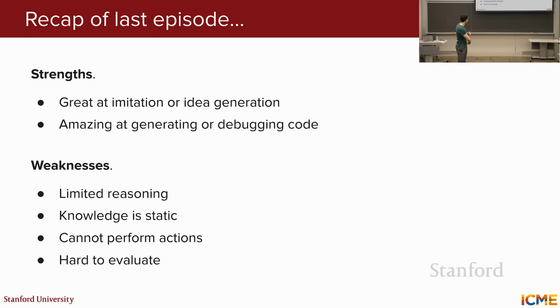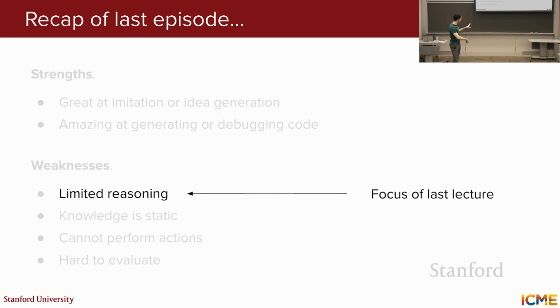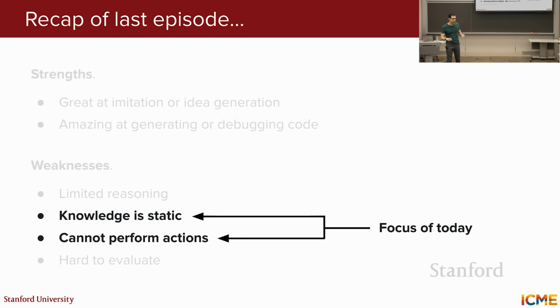So this was last time. And last time, right before starting the reasoning class, we enumerated the strengths and the weaknesses of vanilla LLMs. So last lecture was all about how we can improve the limited reasoning capabilities of vanilla LLMs. And in this lecture, we will do two things.